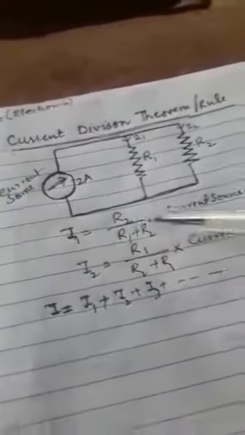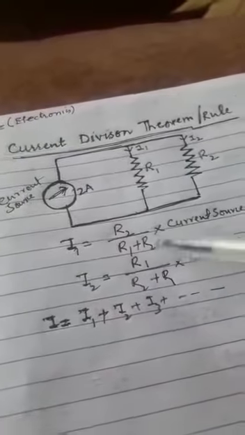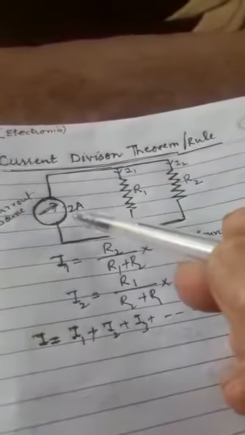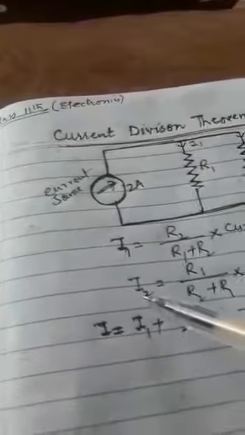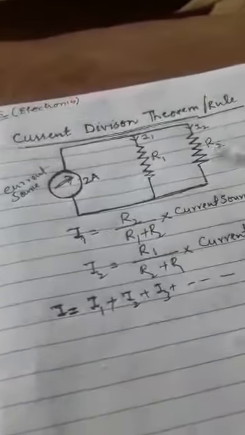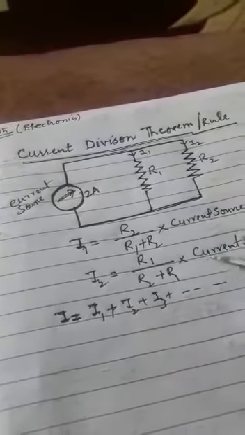How will you find out the value of I1? You have to take it equal to R2 divided by R1 plus R2 into the current source, the value of the current source. Similarly, you have to find I2. You will give the value R1 by R2 plus R1 into the current source.